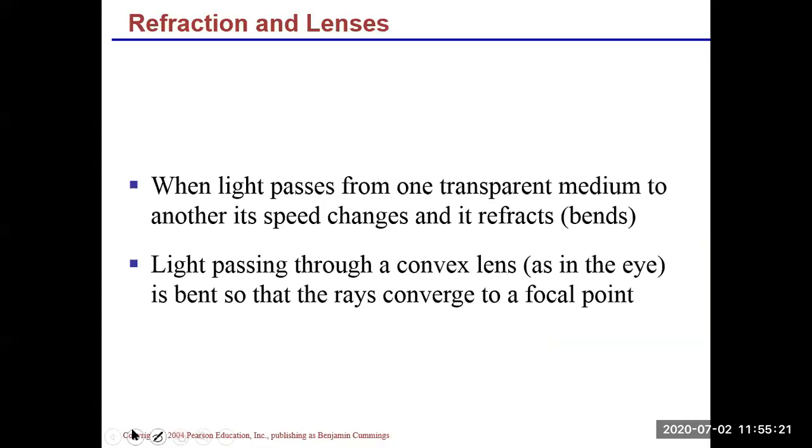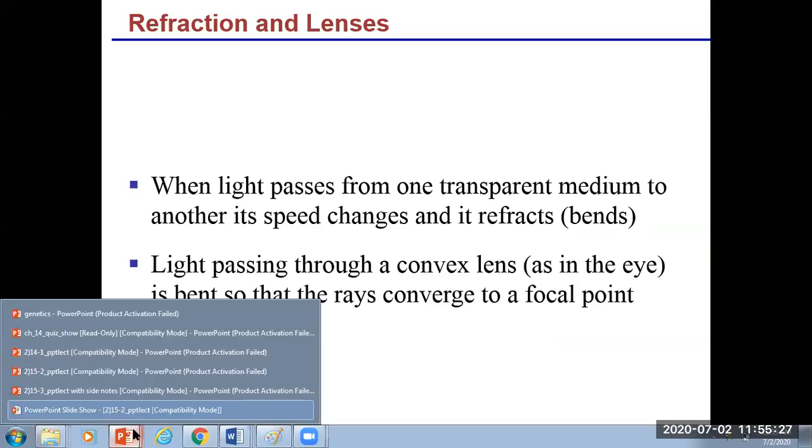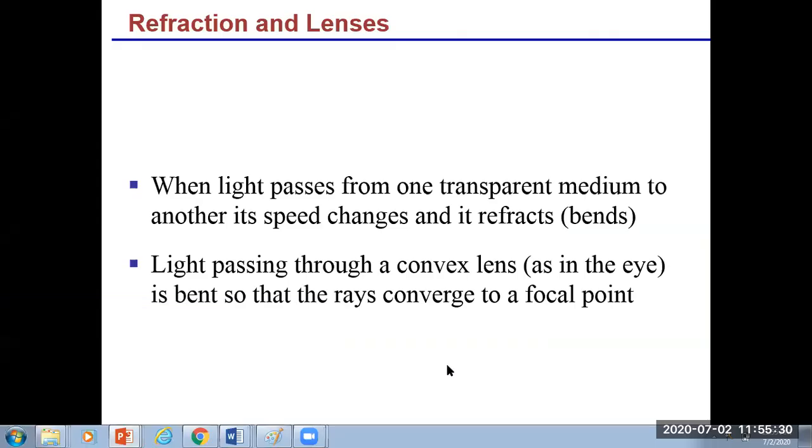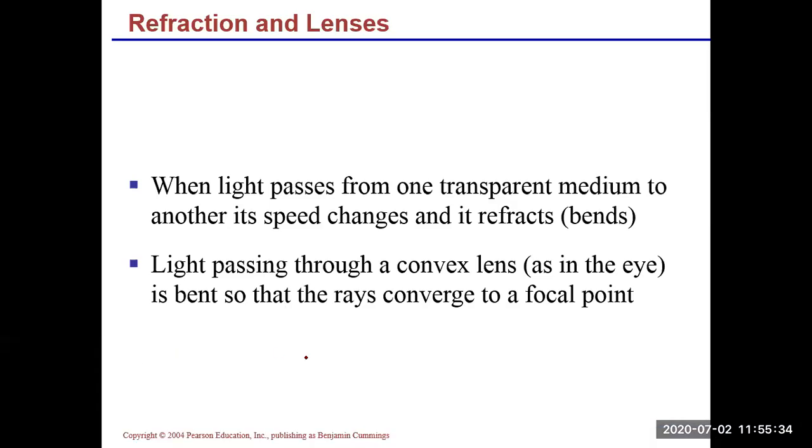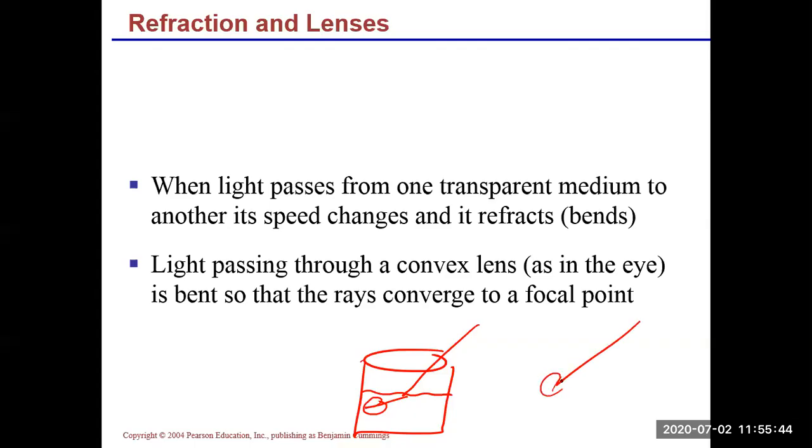So refraction is basically when light goes from one medium to another, and light bends. For example, if you have a beaker of water and you put your spoon into it, your spoon might look like it's bending, but when you take it out, the spoon is straight.